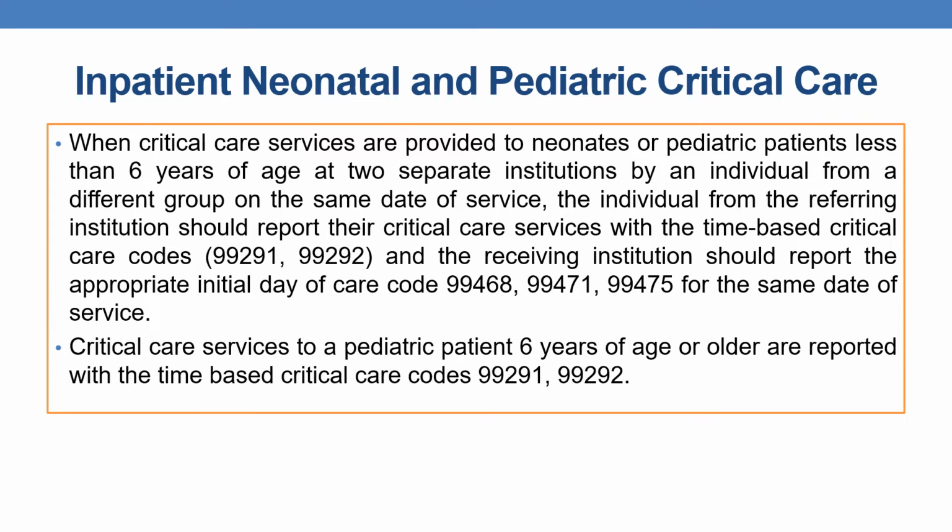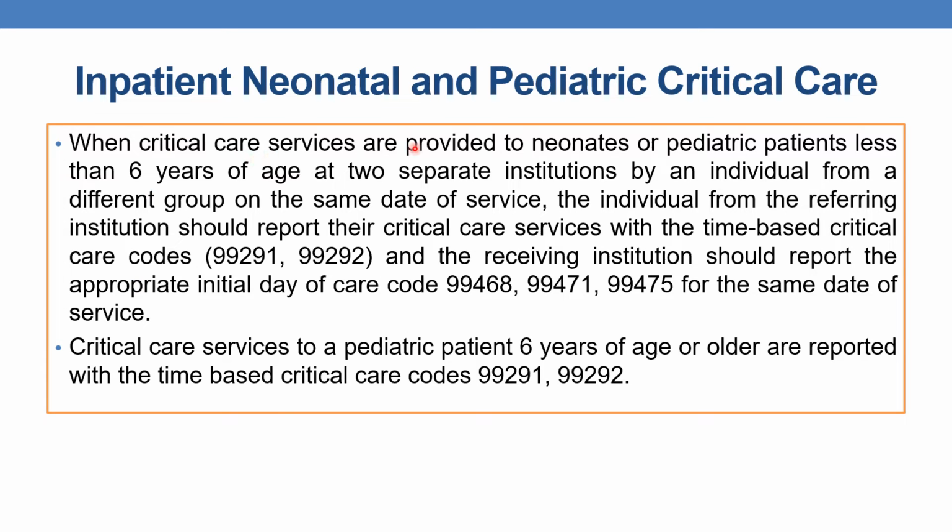And when the critical care services are provided to neonates or pediatric patients less than 6 years of age at two separate institutions by an individual from a different group on the same date of service, the individual from the referring institution should report their critical care services with time-based critical care codes. And the receiving institution should report the appropriate initial day care codes for the same day of service. This is important.